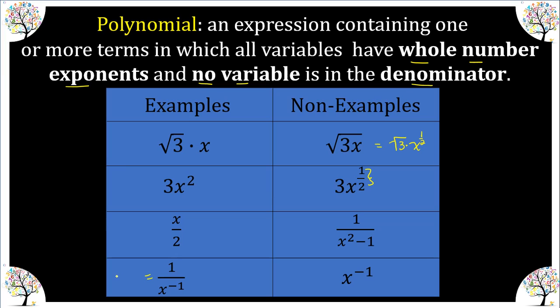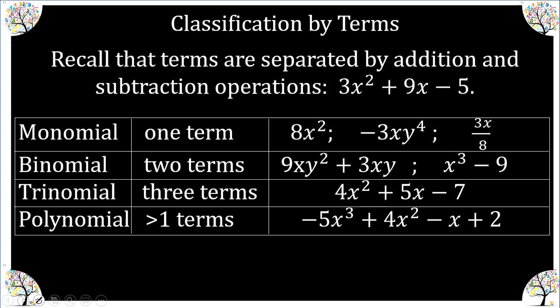And so this is really x to the positive 1. This is why this is considered a polynomial once it is simplified. And then you can see here that we have a negative exponent on our variable, therefore this is not an example.